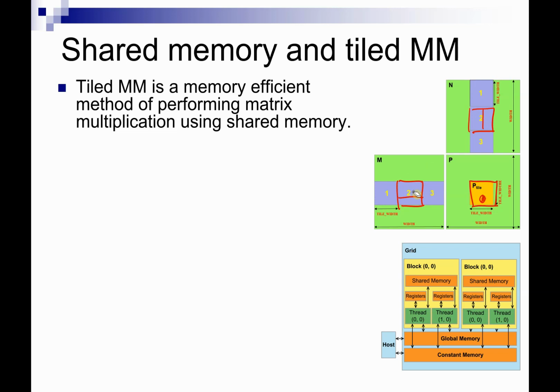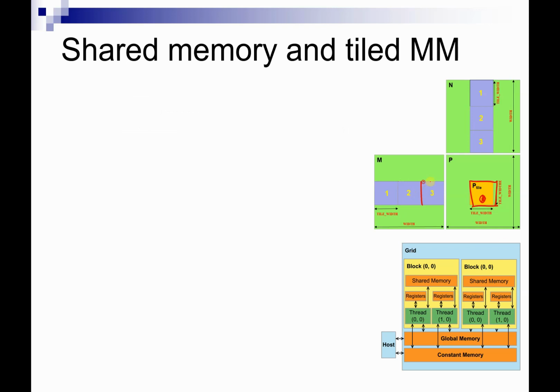Now we can afford to store both this square from M and N in the shared memory at the same time, if we make these tiles small enough. Then in the third phase, we evict the data from the second phase, take it out of the shared memory, and load the data from the third tile into the shared memory. That allows them to compute this part of the dot product, and now this thread has computed the entire value.